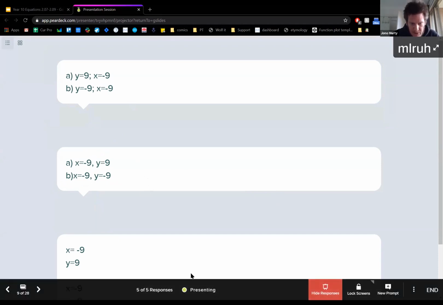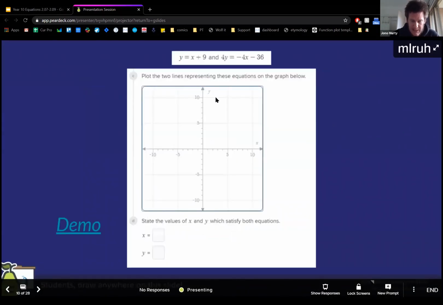Okay, let's go to the next part of this question, which I've basically done already. Hopefully you can draw straight lines with pair deck. Have a go at trying to plot the two lines and then state the value. So I basically did this on the last slide, so it shouldn't be too hard.